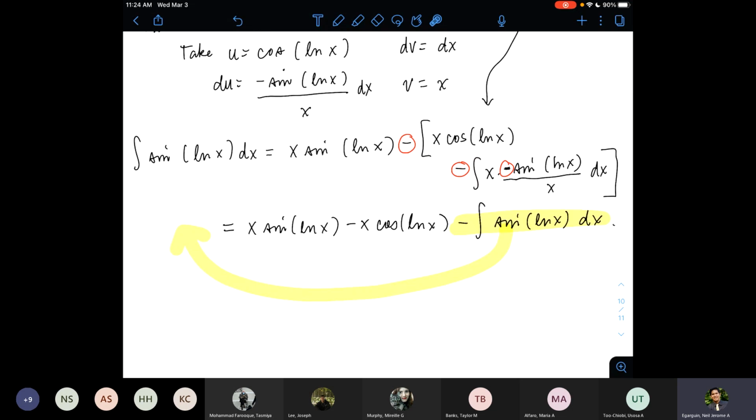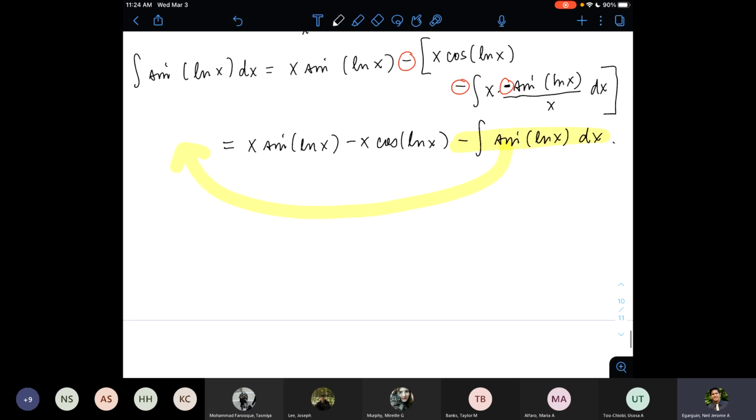And that was the problem I had if I stuck to hyperbolic sine, because I wouldn't get a negative sign here, this would be a plus. If I transfer that to the other side, this will become 0, and I don't get any integral left. So that's why I needed to change the problem.